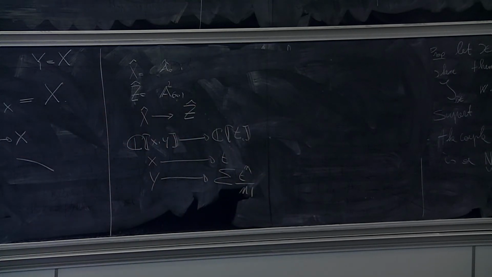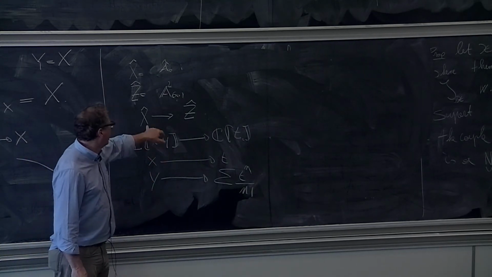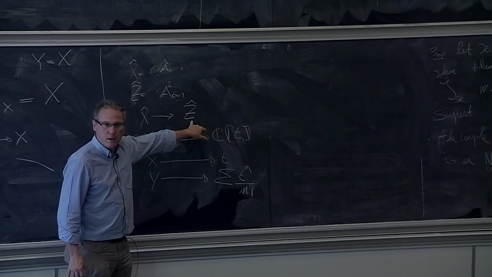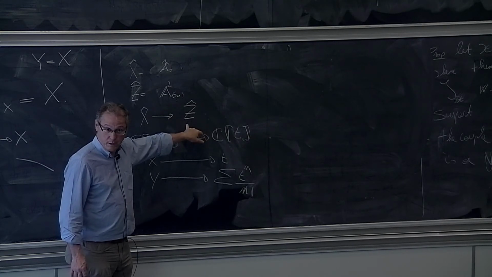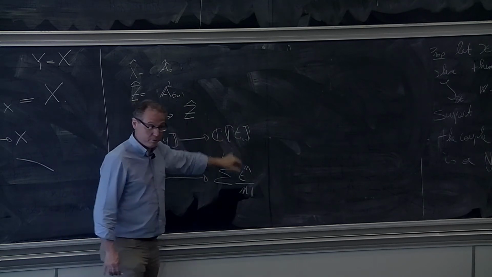This will give you a formal subscheme of Z. You see, because it's given by a surjection.